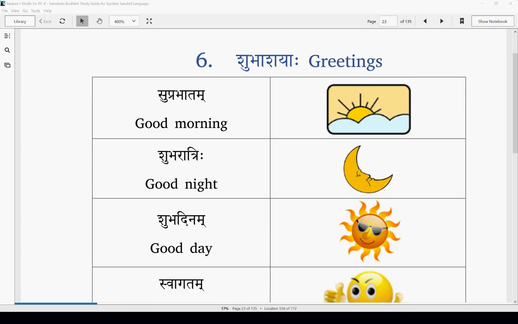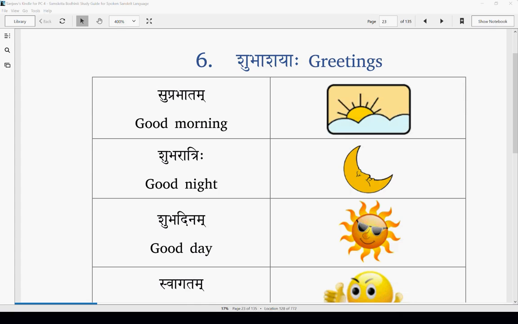So any questions so far on the lingam related, gender related? Shubhashayaha, next chapter is greetings, because we greet each other whenever we meet. So greetings, we have like Suprabhatam, good morning.